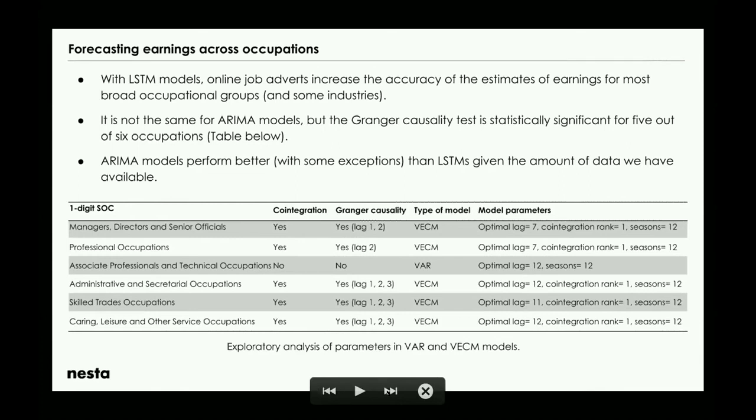But the reassuring news was that the two time series, job adverts and official statistics, do have a statistically significant relationship as measured by the Granger causality test. So there is definitely potential to improve the estimates of earnings for occupations and potentially industries.